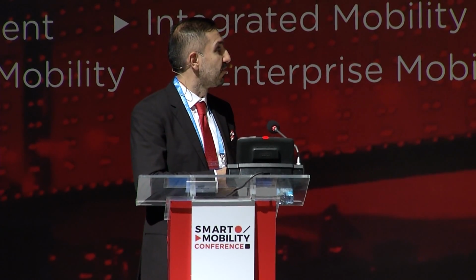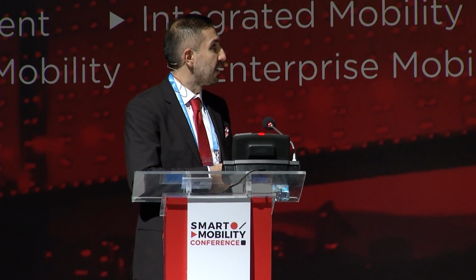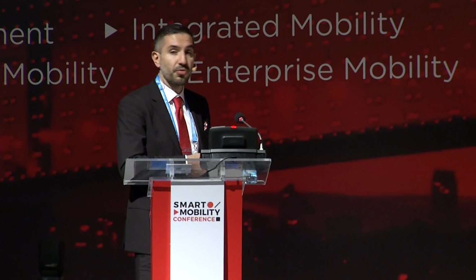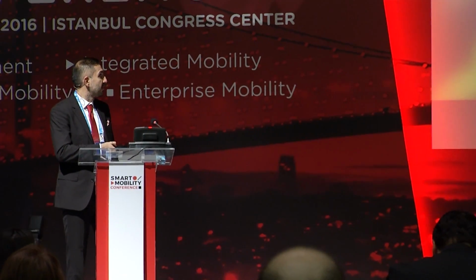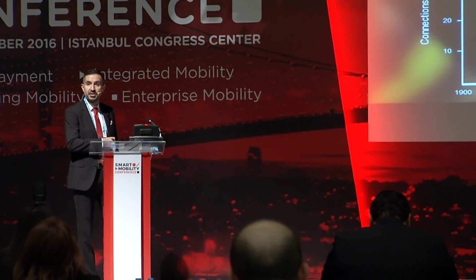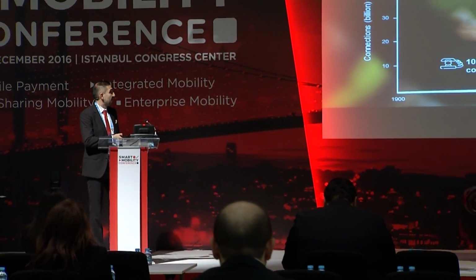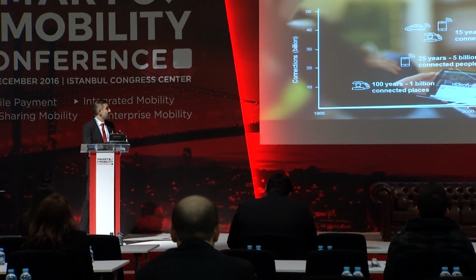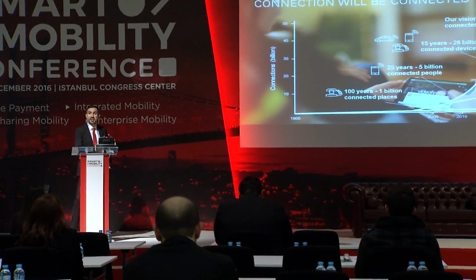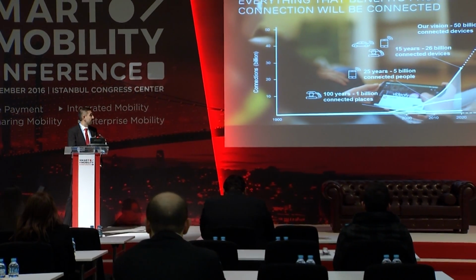And when we look at the telephone, it took the telephone 100 years to reach 1 billion lines. It took us 100 years to reach 1 billion lines or connected places. Obviously, with the telephone, especially the mobile telephone, the number to reach 5 billion connections was 25 years.